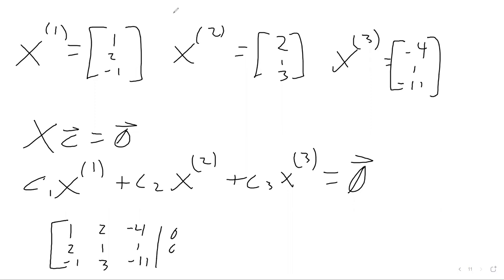And then we're going to tag on the zeros. Then we want to use our row operations to try to get down to a simplified version so that we can come up with values for our c1, c2, c3. So I'm going to recopy this because we're going to need more room.